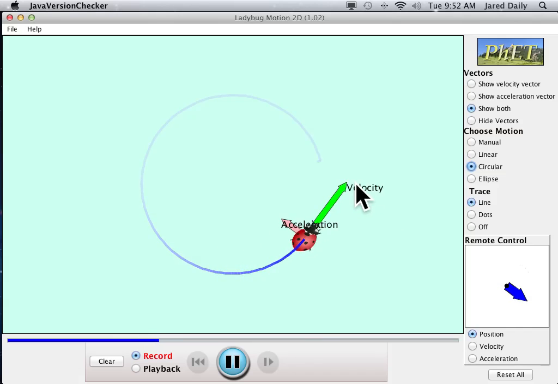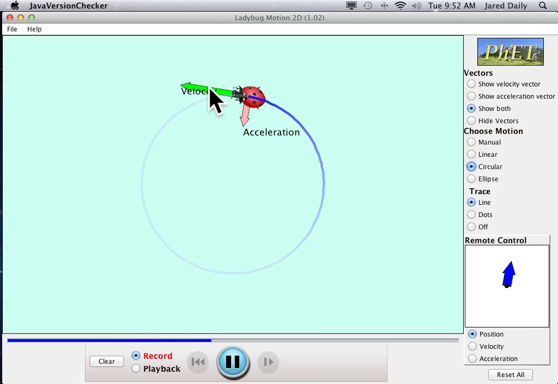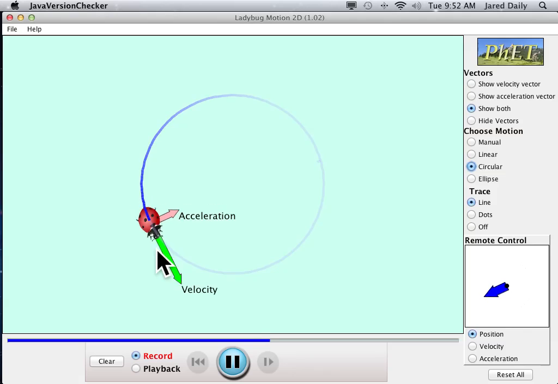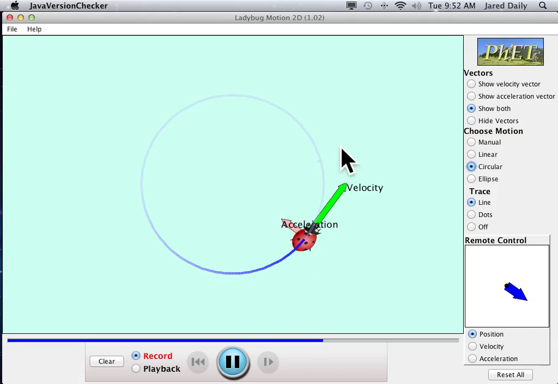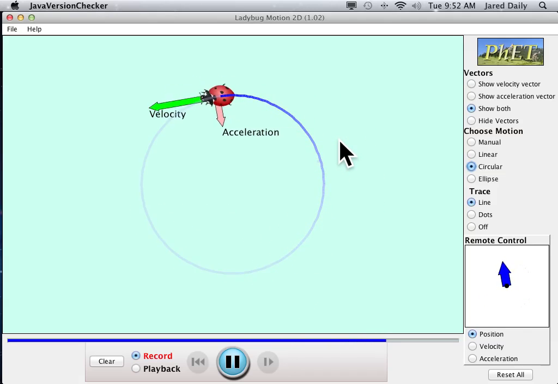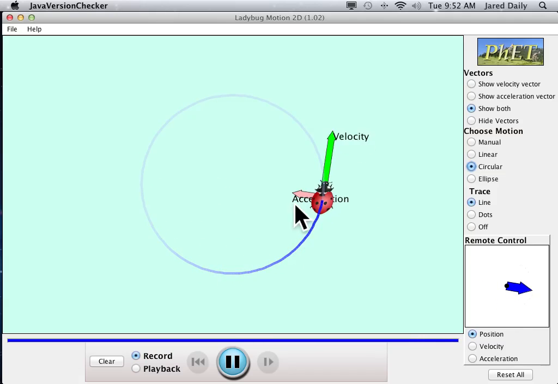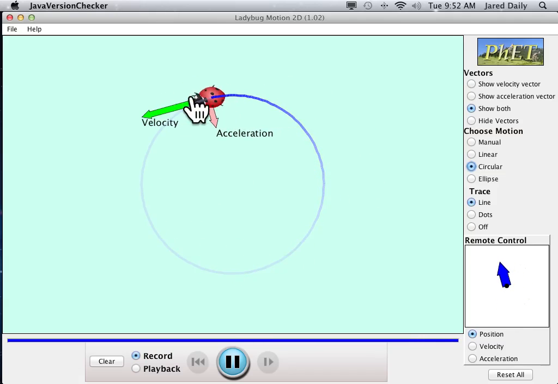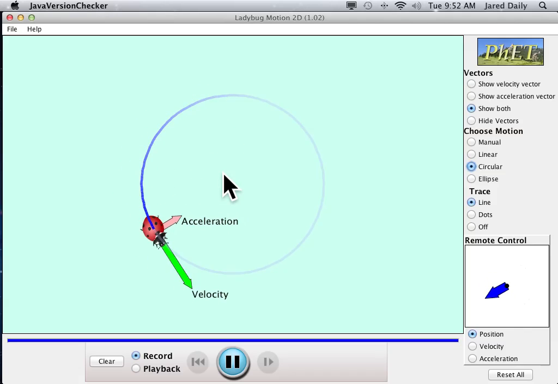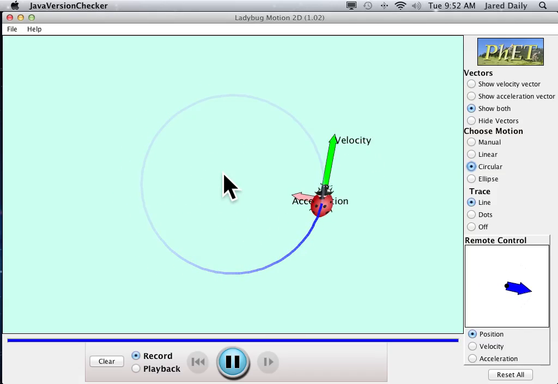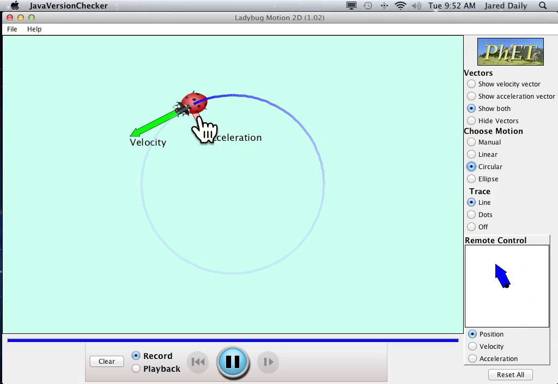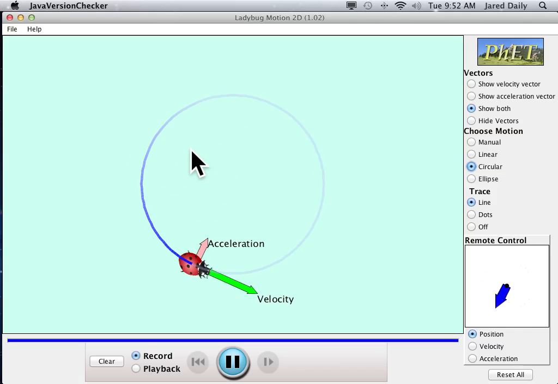Constant velocity, so the constant speed, but changing velocity. The velocity arrow is changing direction, but the magnitude of the green arrow is always the same length. So it's at a constant speed along the edge of the circle, and the acceleration is always pointing towards the center of the circle. So the acceleration is always changing its direction as well, but it's keeping its magnitude, right?